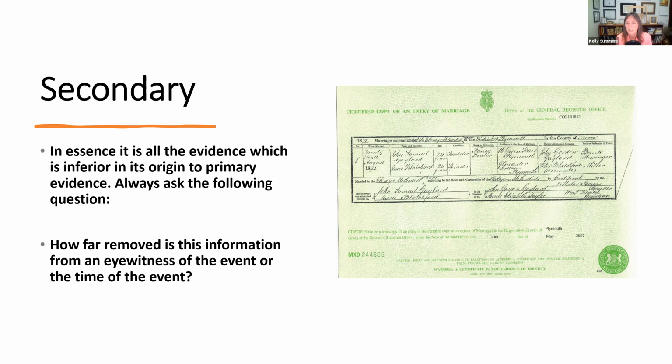In this case, we have a marriage certificate, and the information about the marriage will be primary, but the information about how old the bride and groom are, or where they were born, that is going to be secondary, because the people providing that information were not eyewitnesses to the event, and that event occurred many years ago.